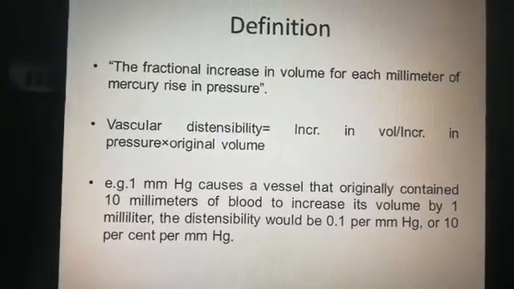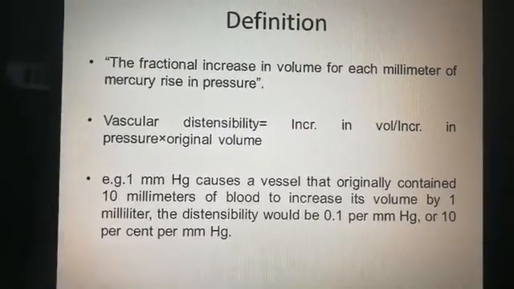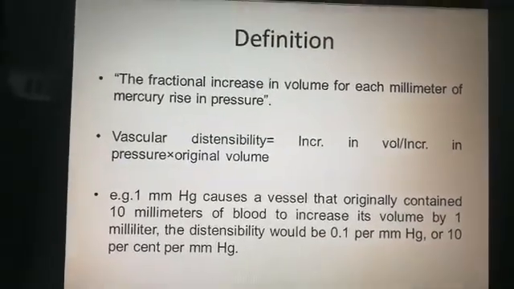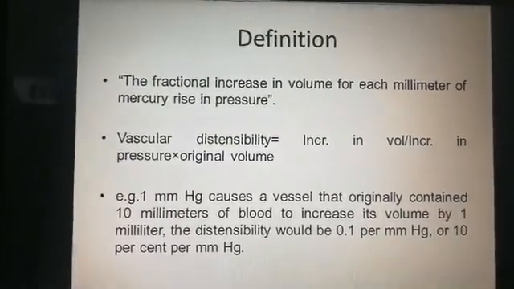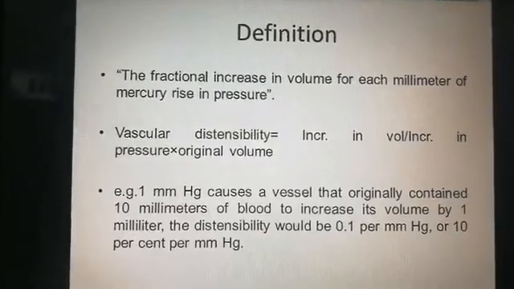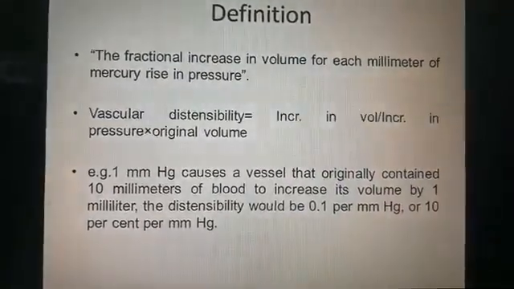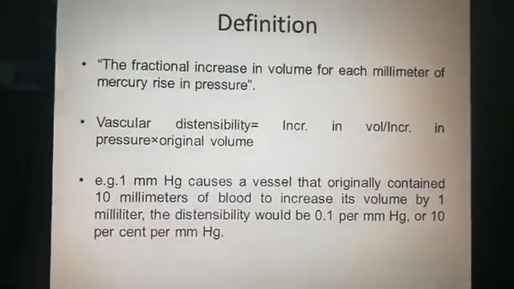So 0.1 multiplied by 100 comes to 10% per millimeter of mercury. You can write it in both ways.